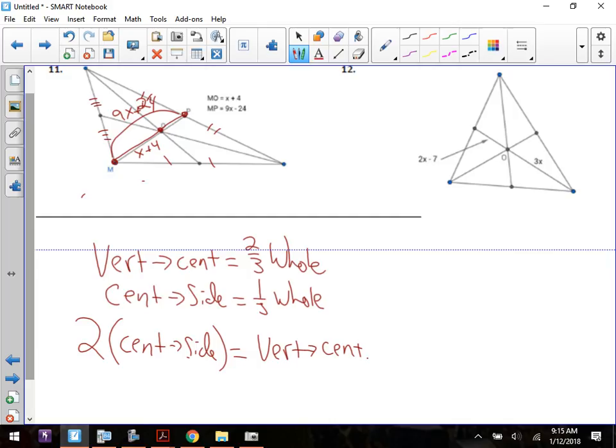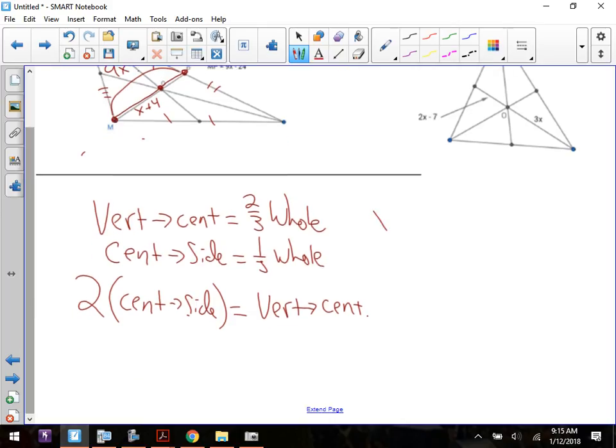Is it minus? So I have vertex to centroid, and I have the whole thing. So I would say that the vertex to centroid, x plus 4, equals 2/3 the whole thing.